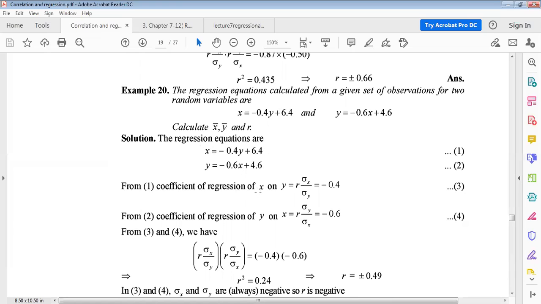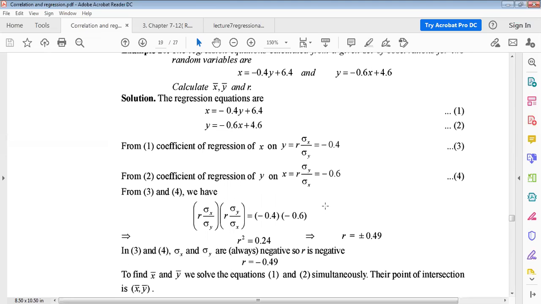The coefficient of regression of x on y will be r into sigma x divided by sigma y. And again from the coefficient of y on x, that means r into sigma y divided by sigma x. So from line 1 we get the coefficient of y, and from 2 the coefficient of x.